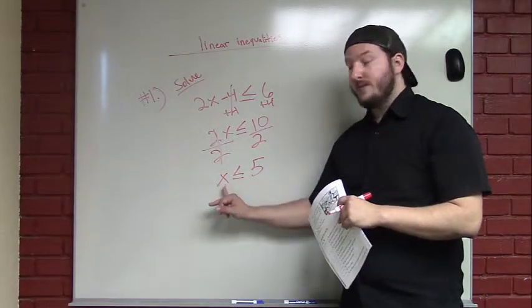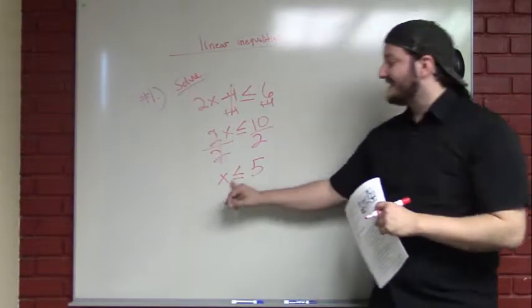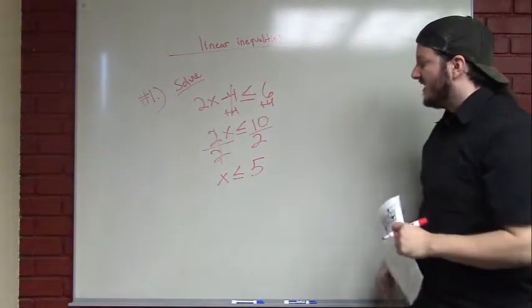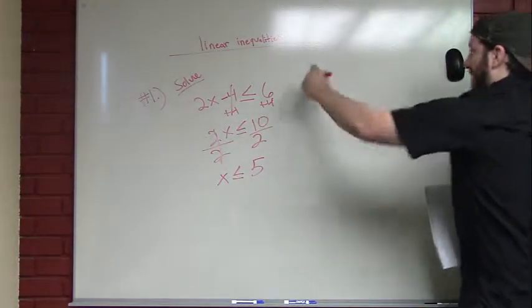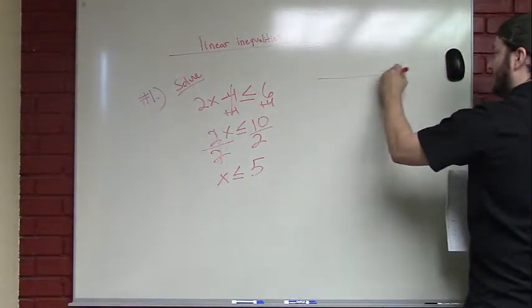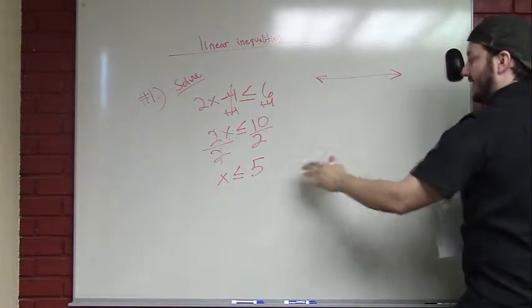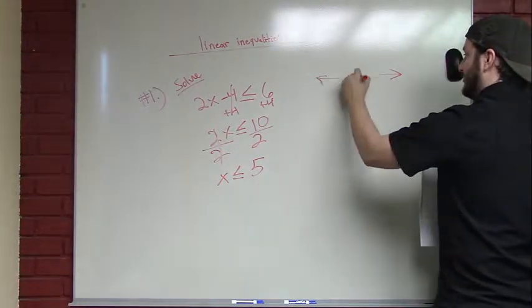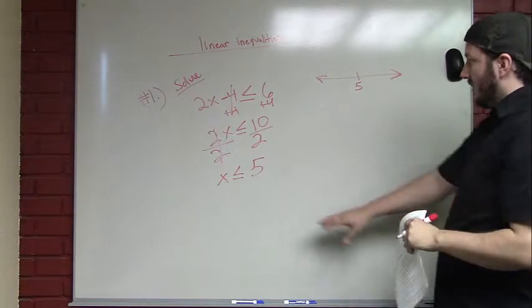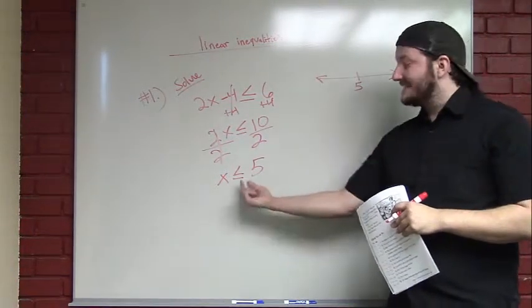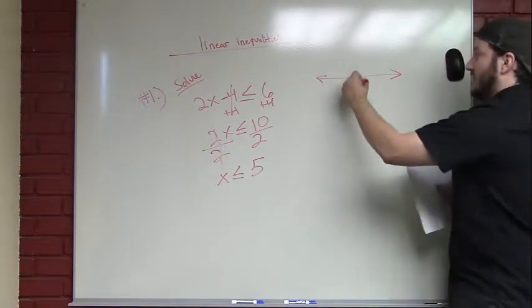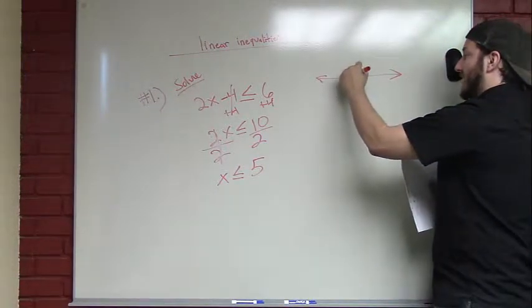So remember, always read it from the variable, from the x. So x is less than or equal to 5. So the first thing we want to do is we want to graph that. And I'm just going to graph it over here. Again, the number that's important here is just the 5. Now, since we have this little line over here, it's less than or equal to, you're going to have a solid circle right here at 5.